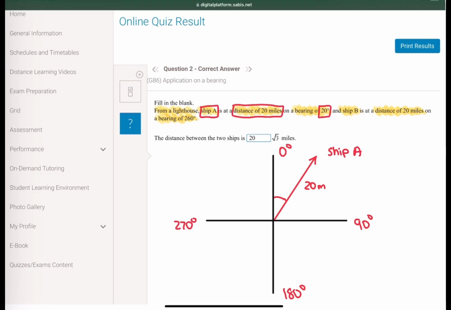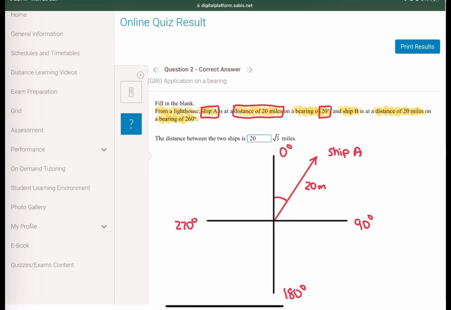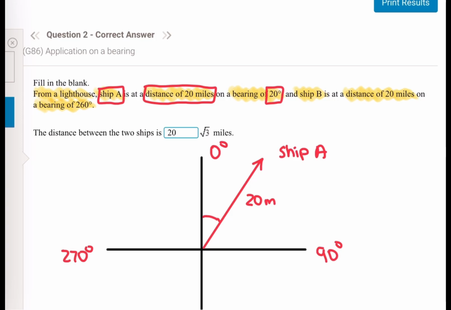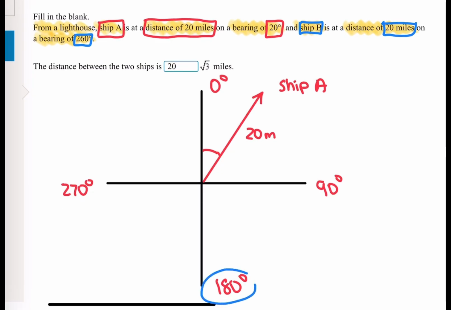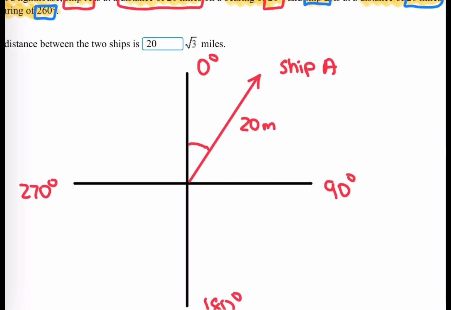Alright, now that we have ship A, we're gonna move on and draw ship B, which is on a bearing of 260 degrees and a distance of 20 miles as well. Alright, so ship B is gonna be somewhere between 180 degrees and 270 degrees. So we're gonna draw that like so.